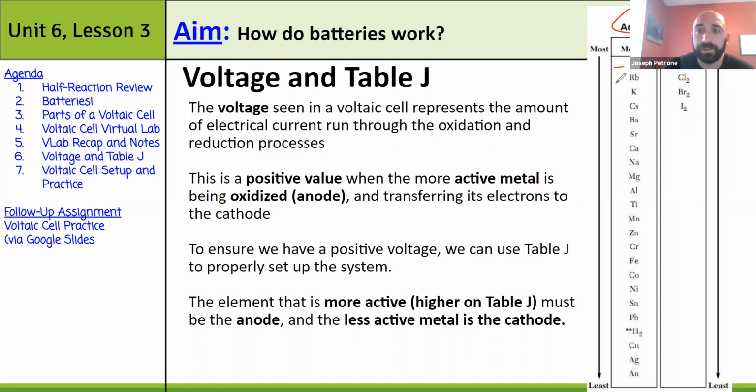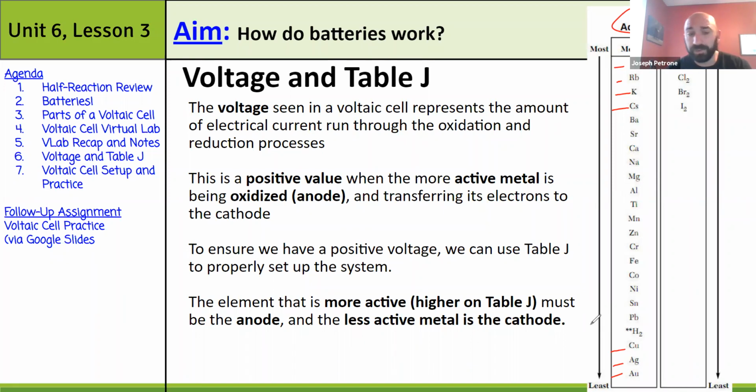Like lithium, rubidium, potassium, cesium, these are all group 1 metals, alkali metals. You may recall those are very reactive, so it makes sense that these react pretty quickly. Gold, silver, copper, these are all transition metals. You may recall from our studies about the different types of elements, transition metals actually are not very reactive.